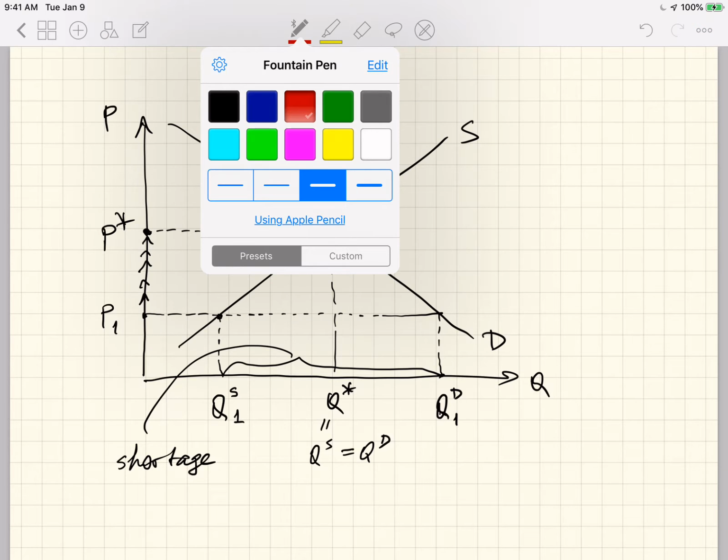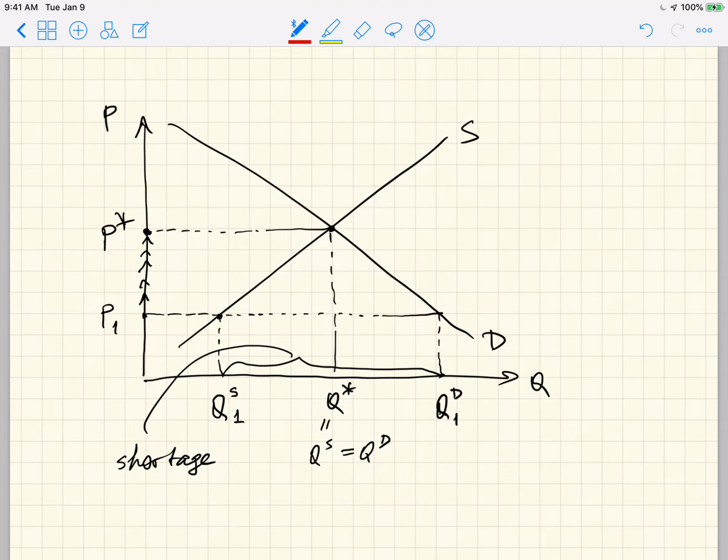And if it happens that price is actually higher than the equilibrium price, then we have the opposite situation, but the idea is the same. The price will be pushed towards the equilibrium price. So let's say we have P2.